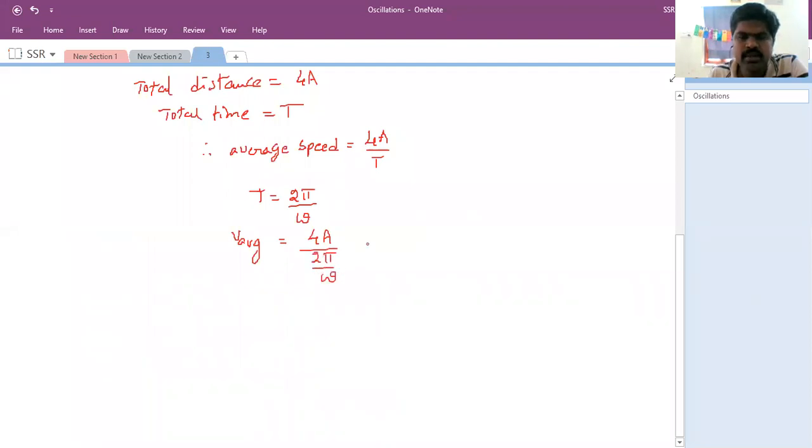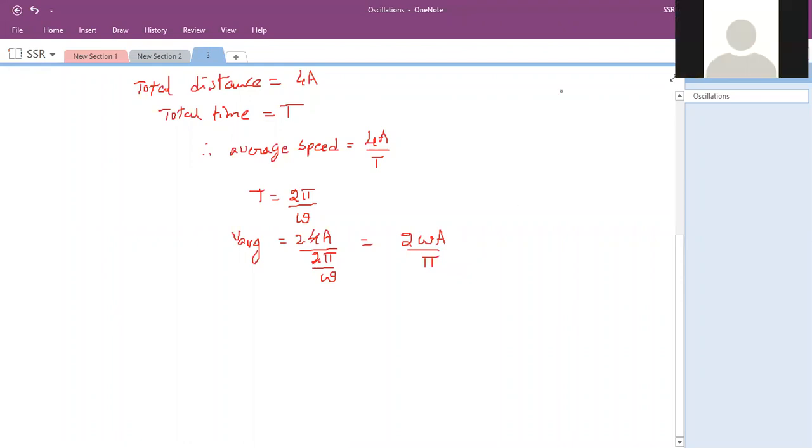Then 4 and 2 cancel, and you can write 2 times omega into A by pi. V average is equal to 2A omega by pi.